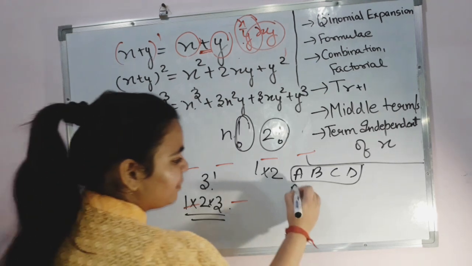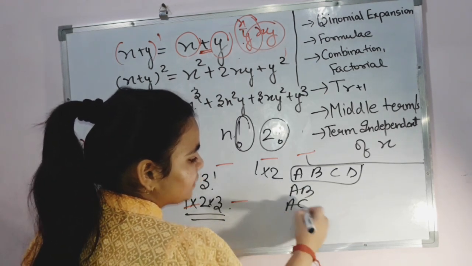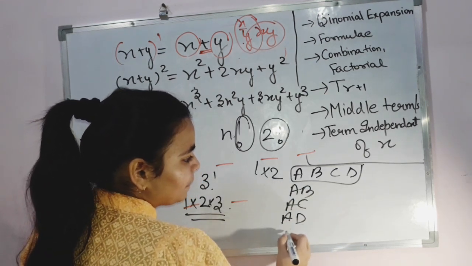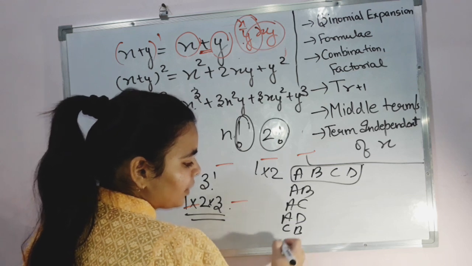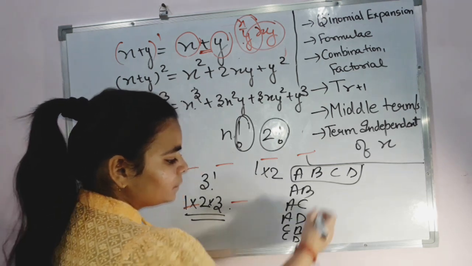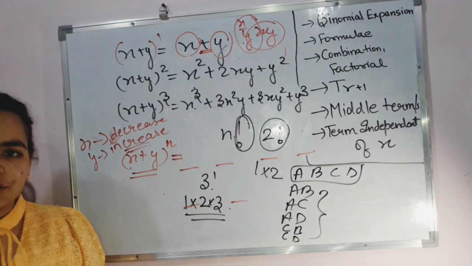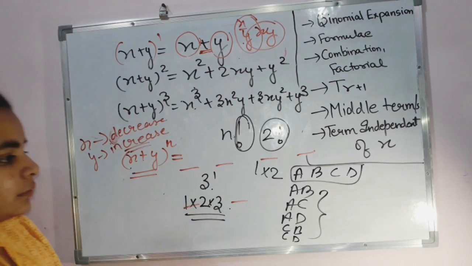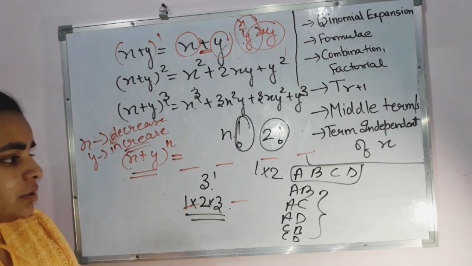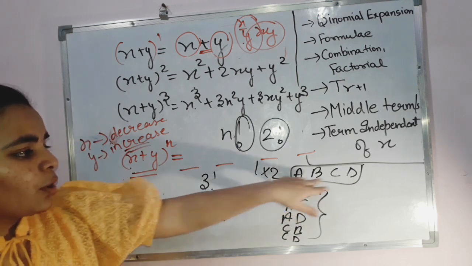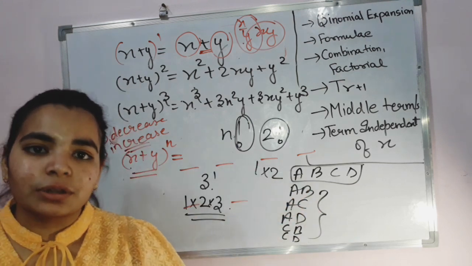I can select AB, I can select AC, I can select AD, I can even select CB, I can select CD. Can I select all these terms? This is combination. Or they could have asked us to make a combination of all these 4 terms also. That was also possible.